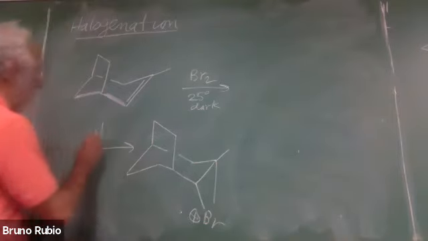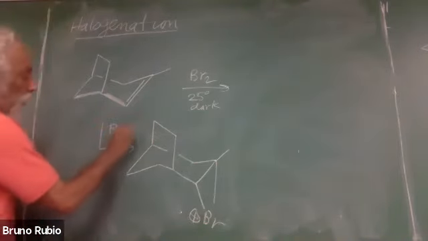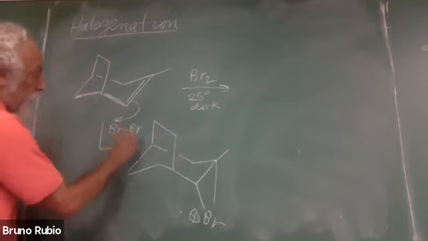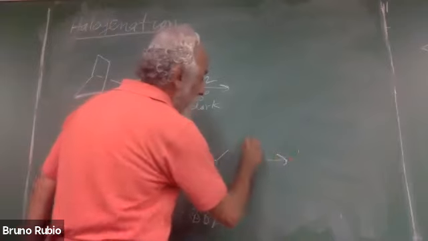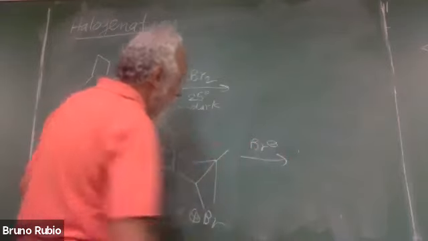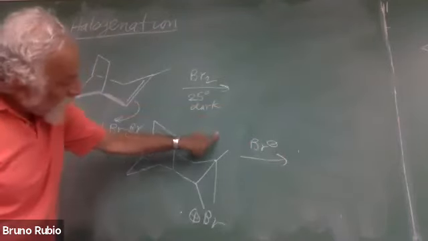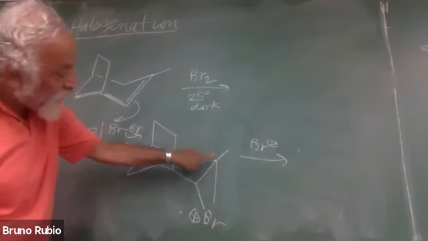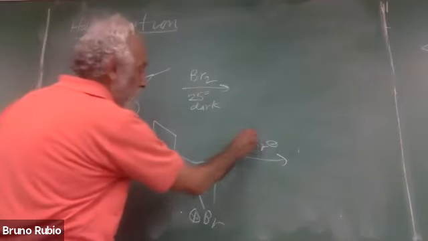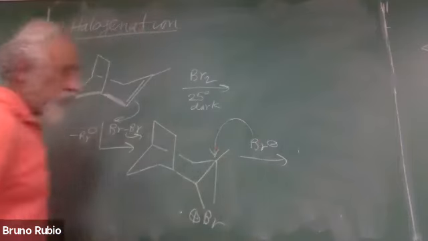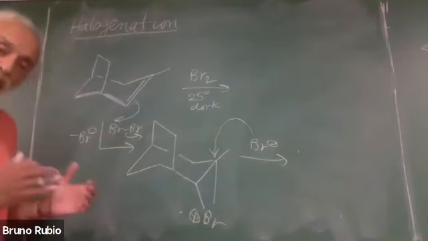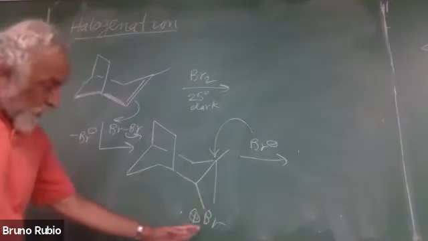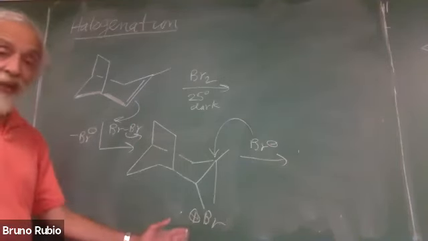Okay, so that was this. Now it's time for the Br minus to get involved, and it's going to attack the more substituted carbon. It's going to attack the more substituted carbon of the halonium, but it has to attack from the direction opposite the Br plus for steric reasons.